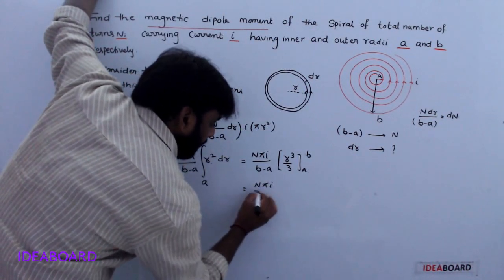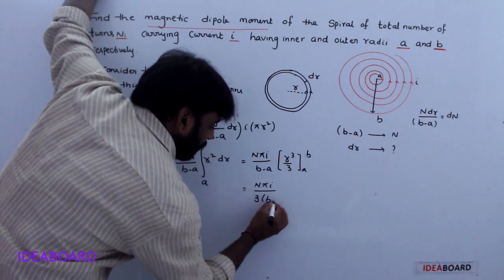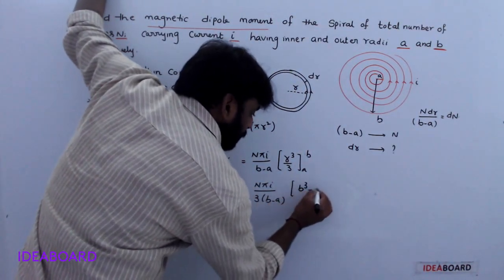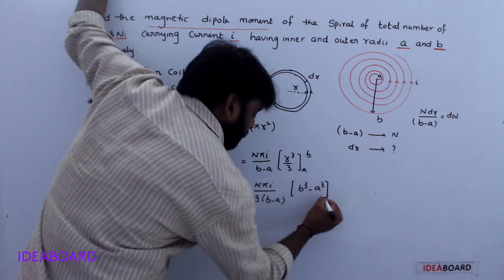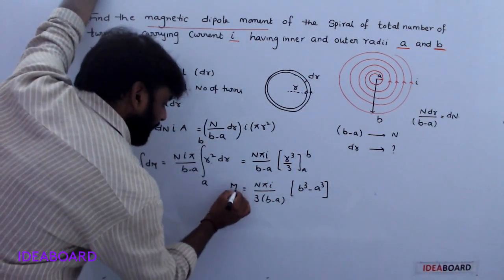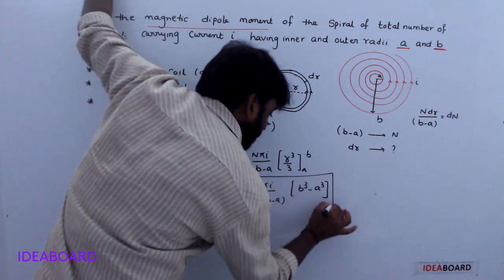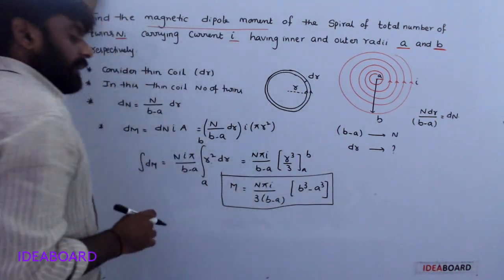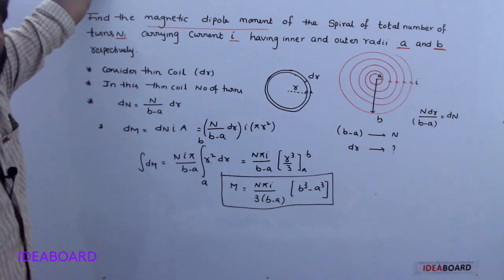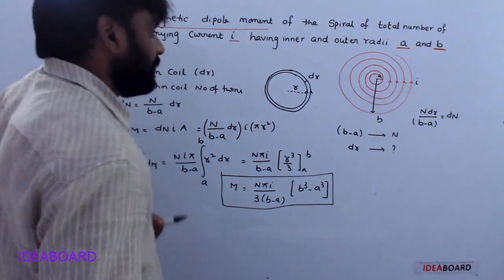N pi I by 3 into B minus A, times B cube minus A cube. So the total dipole moment M is equal to N pi I by 3 into B minus A, in bracket B cube minus A cube.